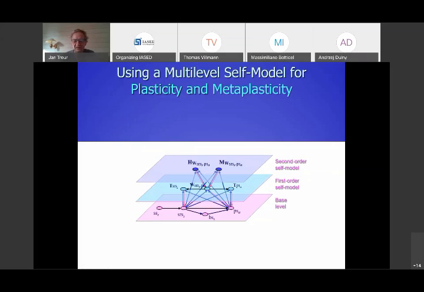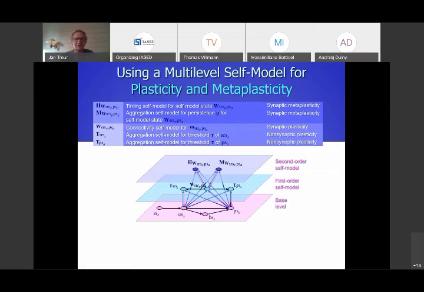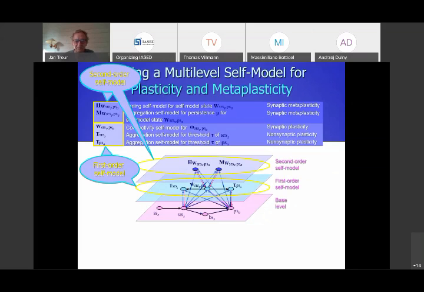So therefore they have their own special purpose functions, but this can be just based on the standard functions. So that's the model that we have. We have these different self-model states, and this is just a summary of them. There is a first order self-model, and then there is a second order self-model.